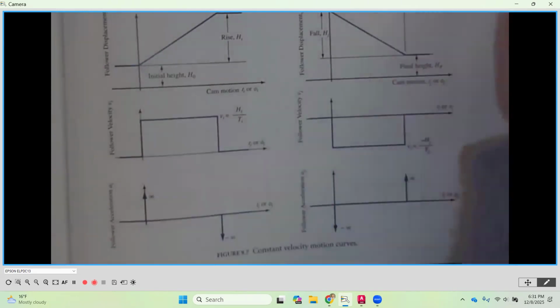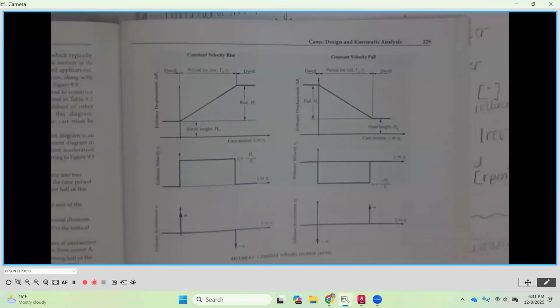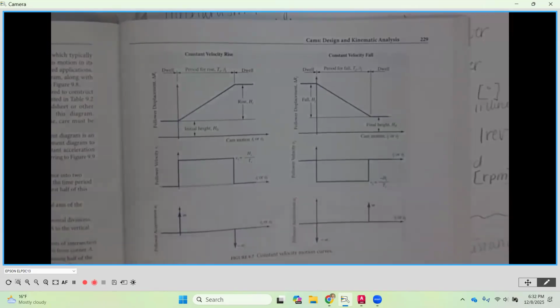The only time we ever use constant velocity is if it's a very slow moving cam follower arrangement, under 100 RPMs. That's relatively slow, but anything that gets any higher, you don't want constant velocity. So this is a simple one, but reserved for very low speeds, okay?